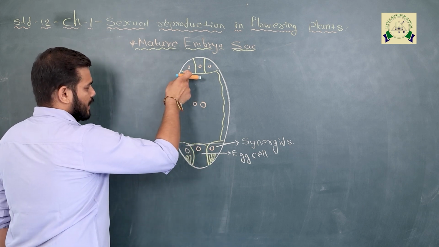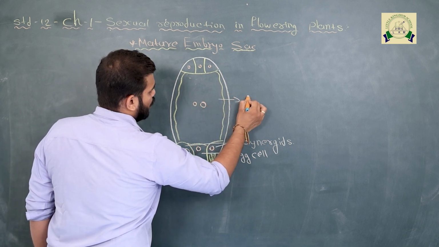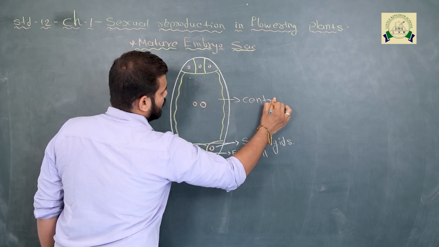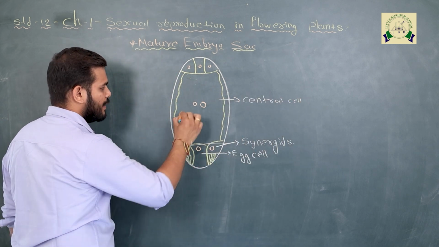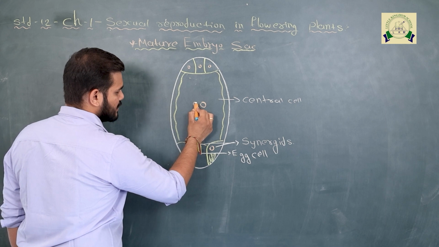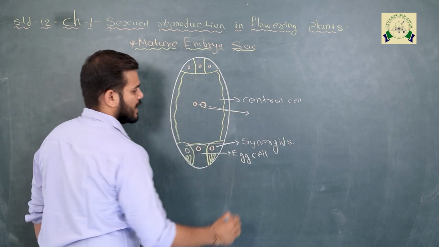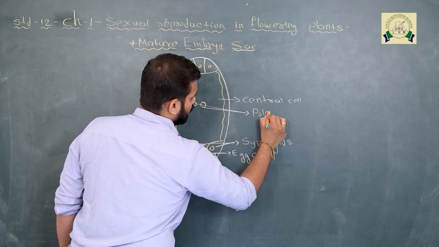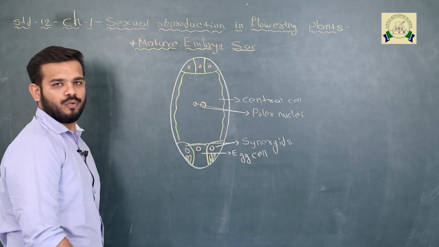Clear? This large cell present in the center is called central cell. Central cell. And 2 nuclei present in this central cell are known as polar nuclei.